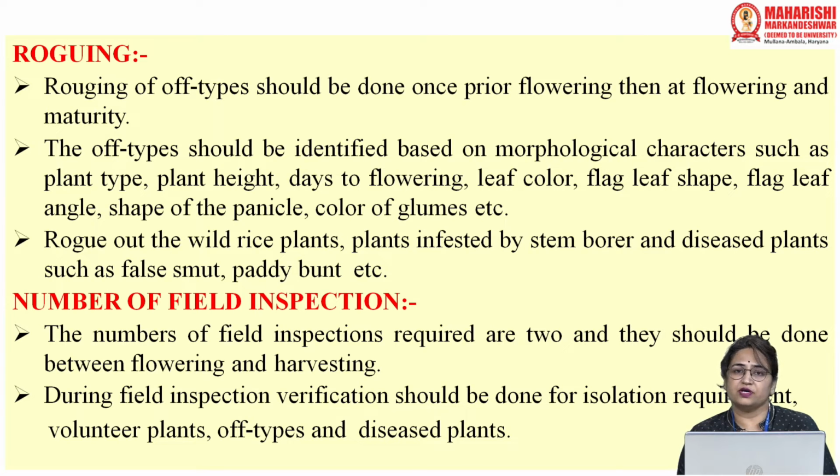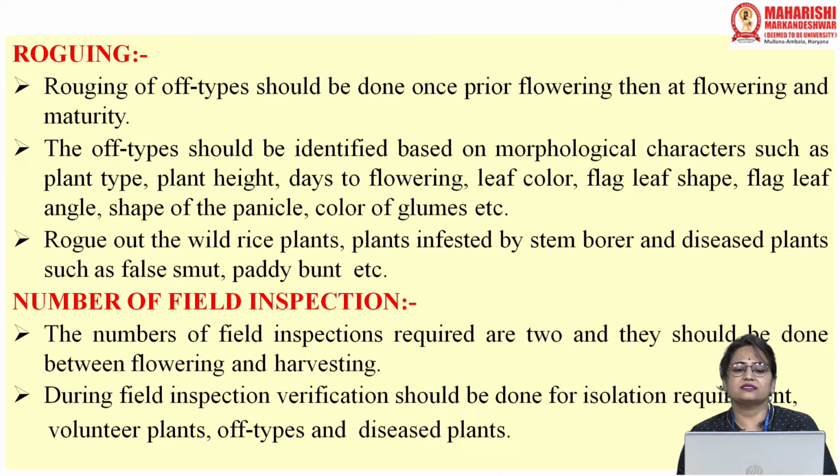It may be a different crop plant, a different variety of the same crop plant, a diseased plant, or a weed plant. Any off-type plant that comes in these 4 categories should be removed from the field to avoid contamination, that is the roguing.